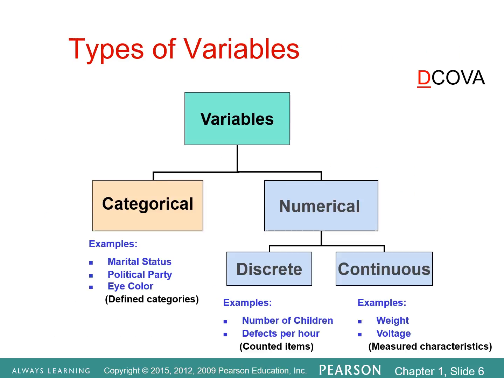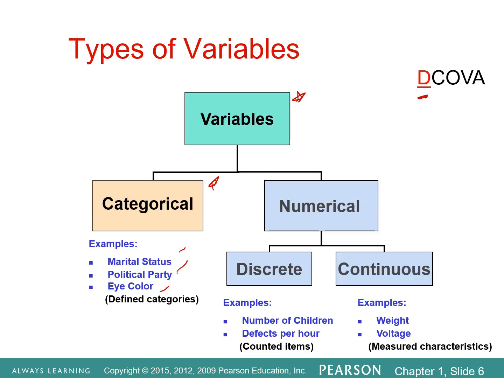All right, types of variables. Again, we're still here in the D area. So again, variables. So we looked at a few definitions earlier, but this table is really nice. So there's categorical information such as marital status, political party, eye color.